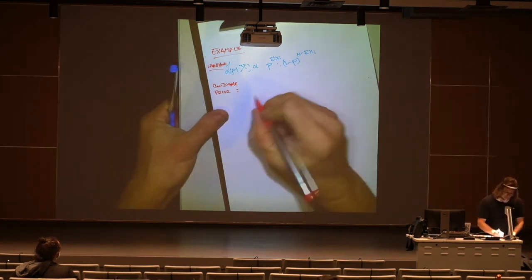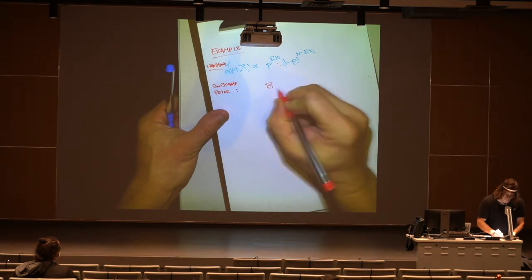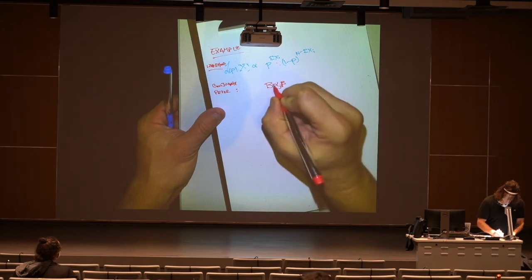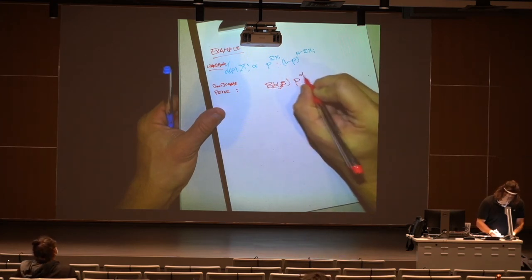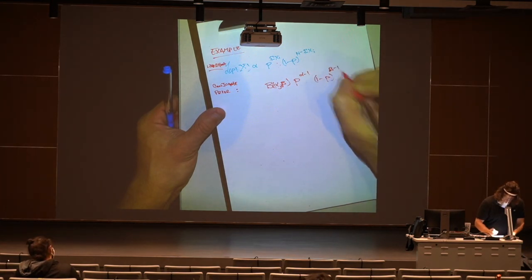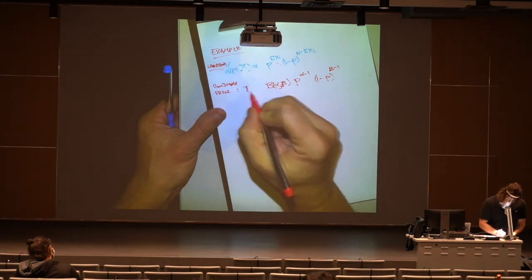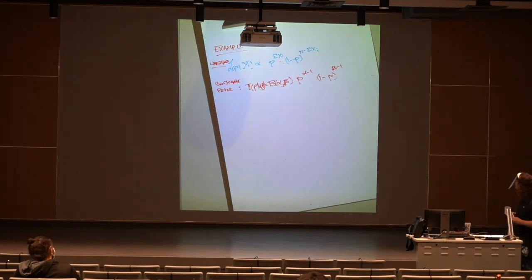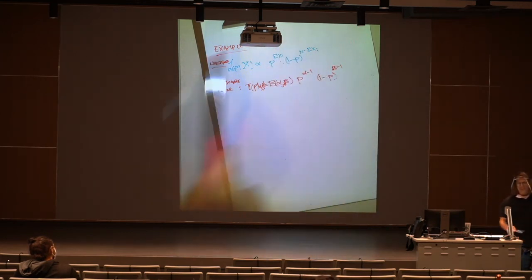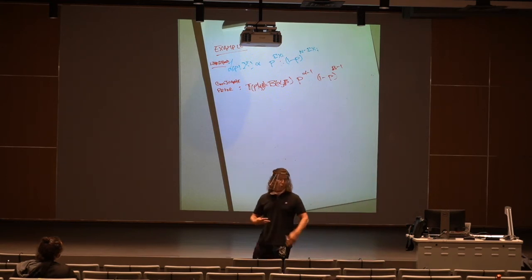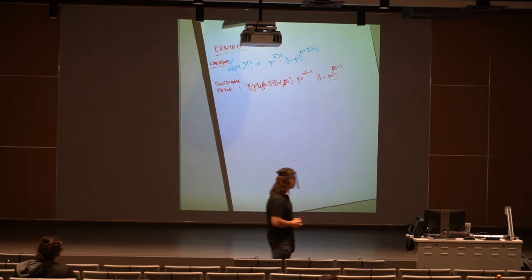If I look at the conjugate prior, it's the beta. What I can convince myself of real quickly is that if I multiply this function into this, I'm going to have p raised to some power and 1 minus p raised to some power that looks like a beta again. I'll do that multiplication in a second.